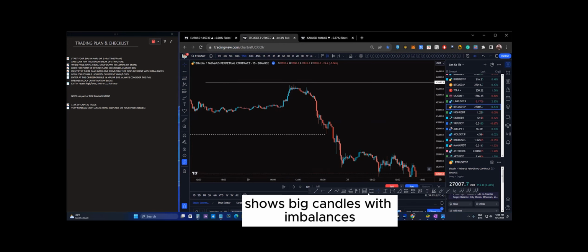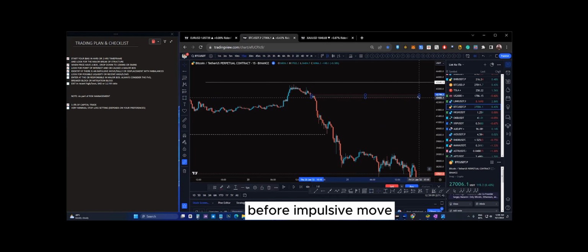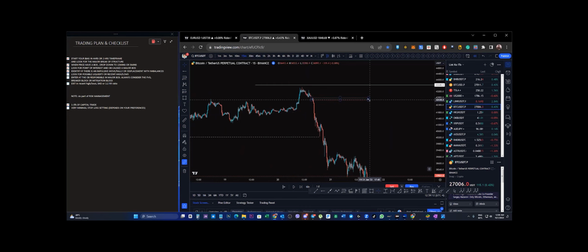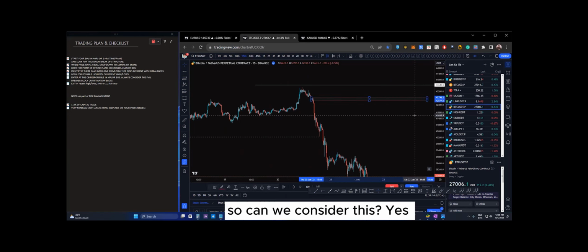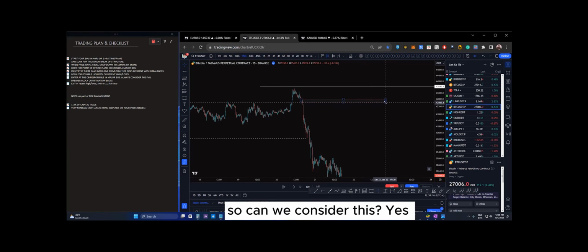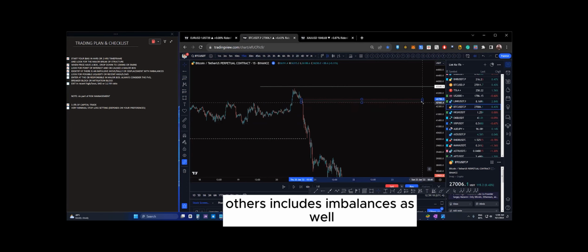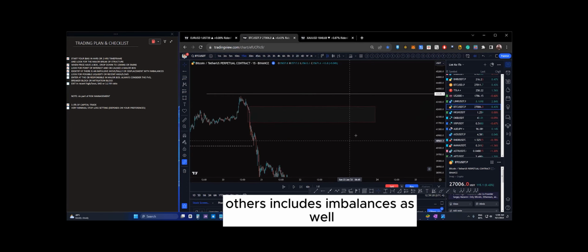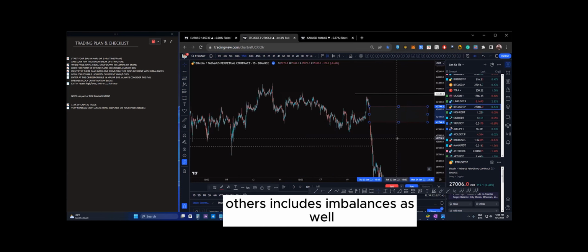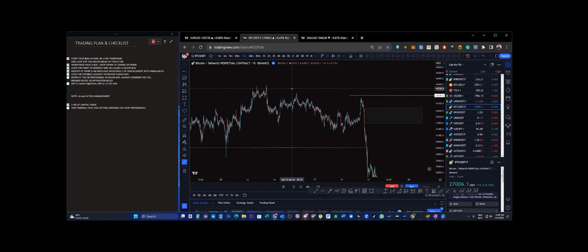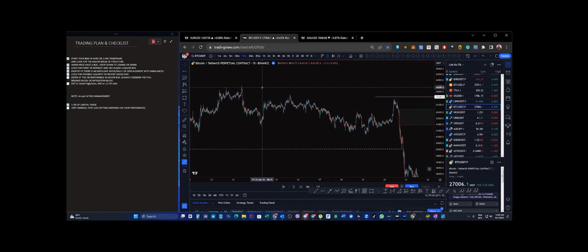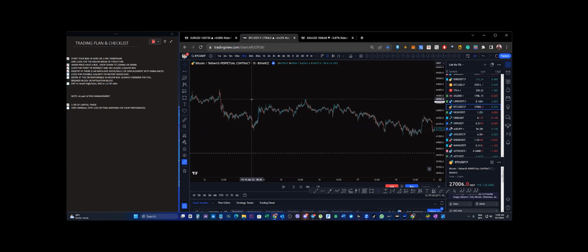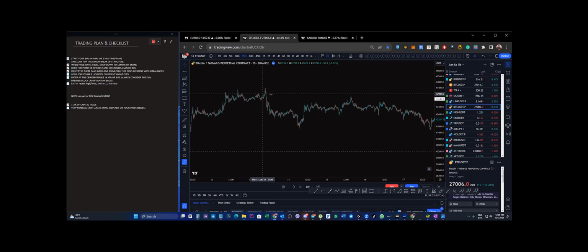Green candle. So, ito rin, consider mo. Kasi before impulsive move. So, pwede rin ba nating i-consider yan? Yes, pwede rin. Then, yung iba, sinasama na rin yung imbalances. So, tignan natin kung saan siya tatalbog. Okay. Pero, meron pa bang ibang imbalances? Meron din dito. Kaya lang, binalikan na nitong area na to yung range na to.